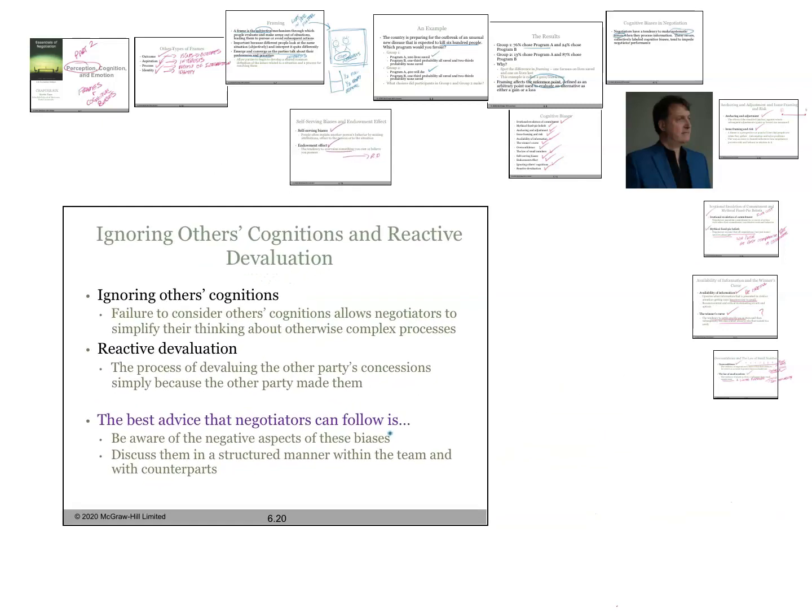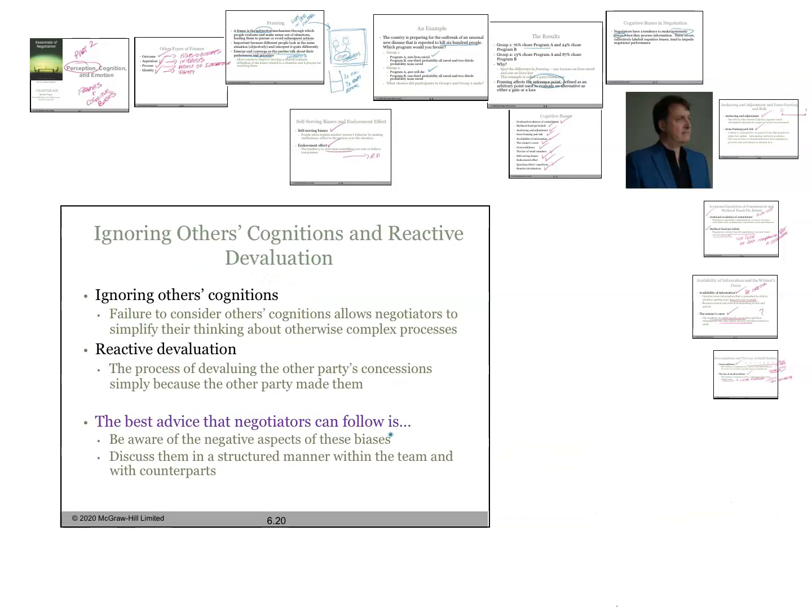Our last two cognitive biases are ignoring others' cognitions and reactive devaluation, which I just mentioned. Ignoring others' cognitions, this is simply failure to consider others' cognitions, others' insights, ideas, thinking processes, which makes things a little simpler for us.